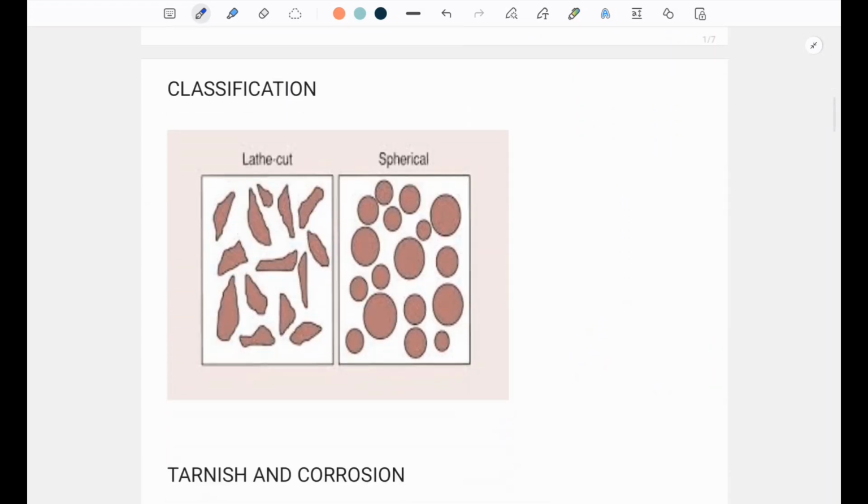Classification of amalgam. There are three types of amalgam classified on the basis of alloy shape.